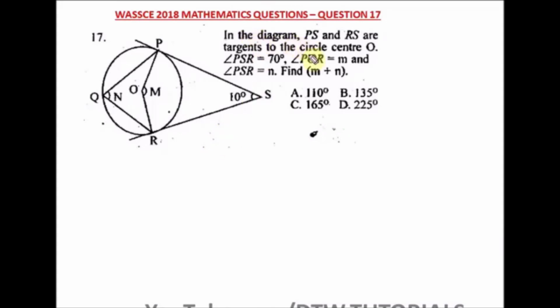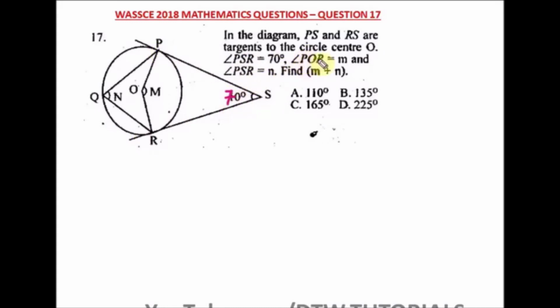It says in the diagram, PS and RS are tangent to the circle center O. If angle PSR is equal to 70, this is PSR, so this is 70, okay?